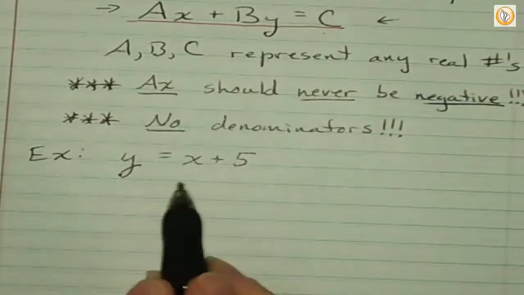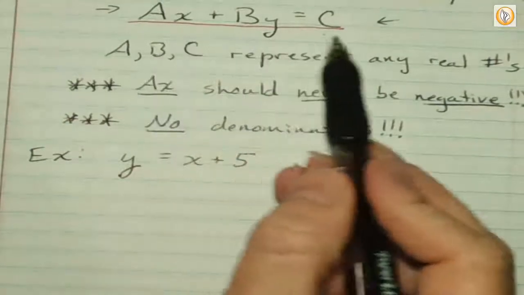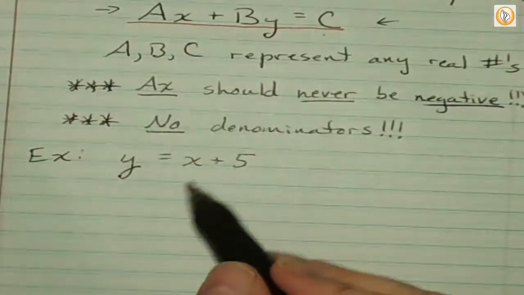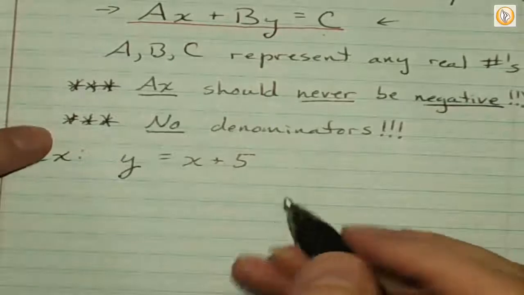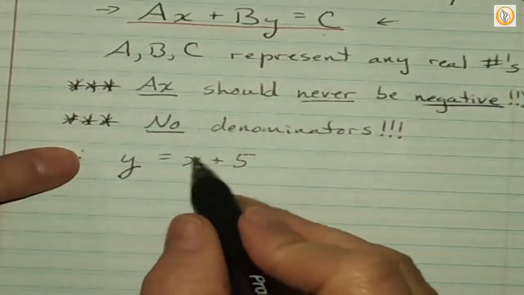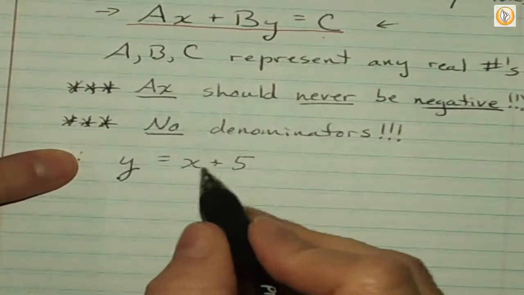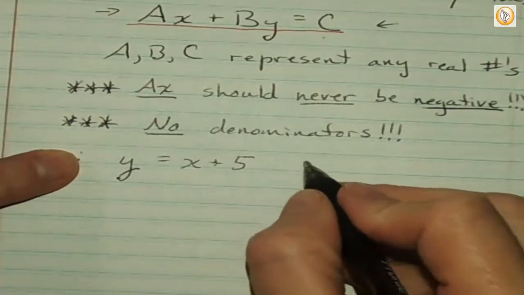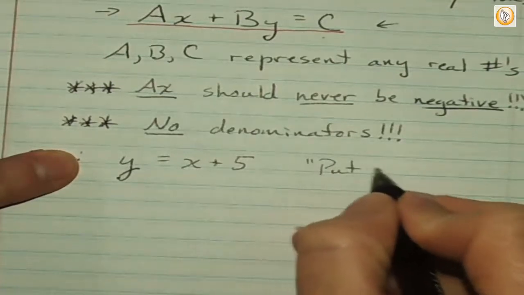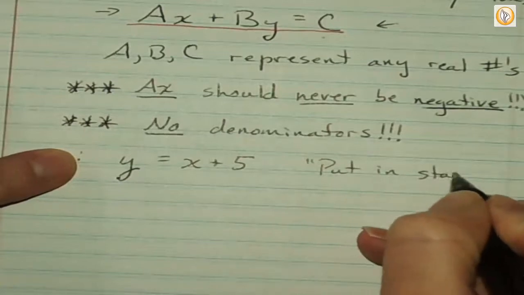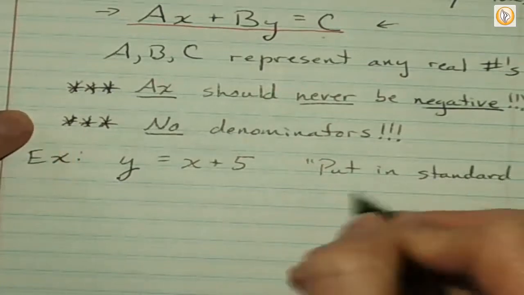So, is this in Ax plus By equals C format? No. The x is on the wrong side of the equal sign. Do y'all see that? So, you first have to put it in standard form when they ask you to.